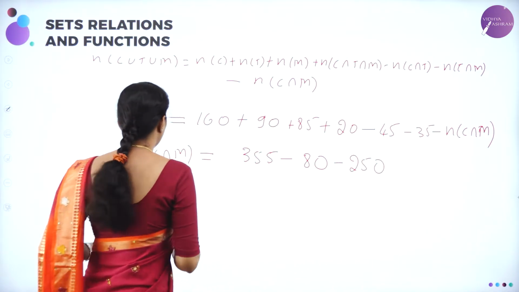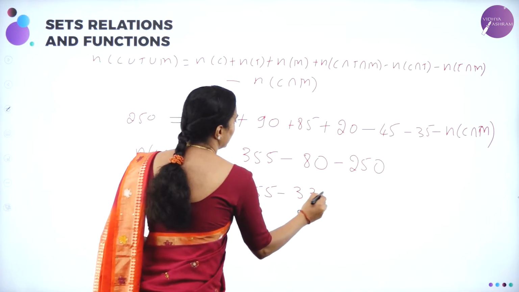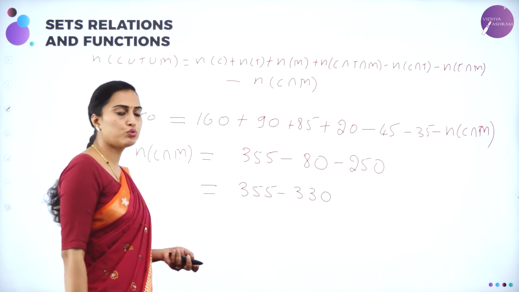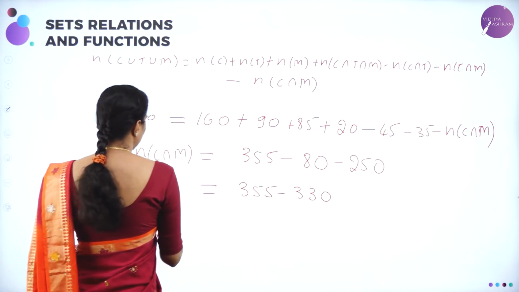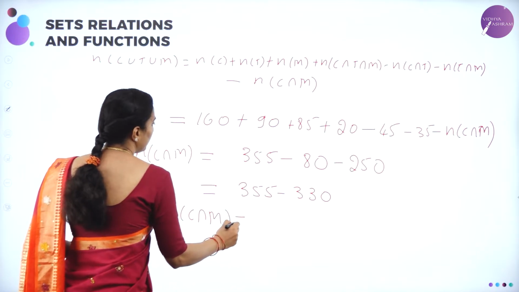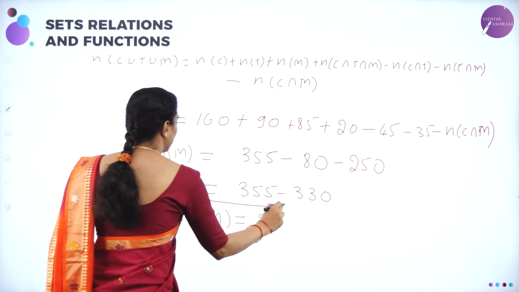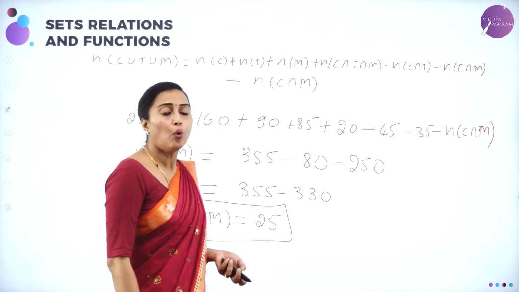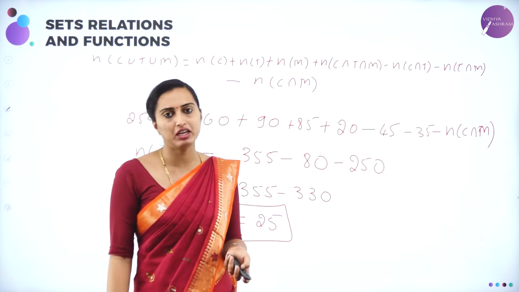So the answer is 355 minus 330, since 80 minus 250 is minus 330. So N of C intersection M is equal to 25. So this is your answer: the number of people who drink both coffee and milk is 25.